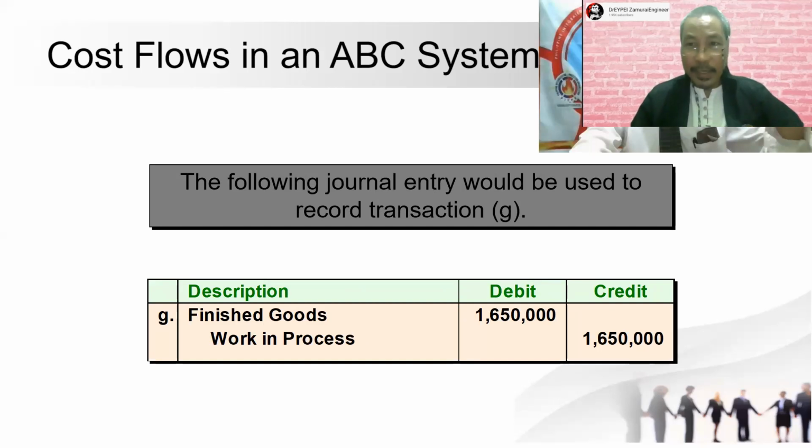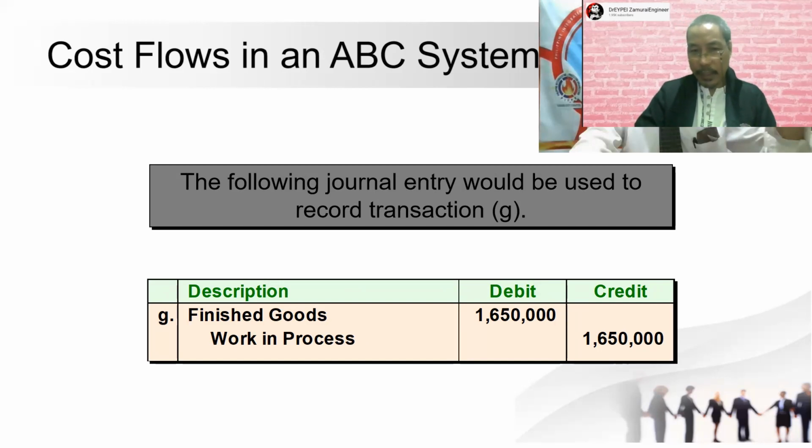We have now a finished product, finished goods. How many cell phones did we produce? 1.65 million cell phones were produced. Okay, finished goods.